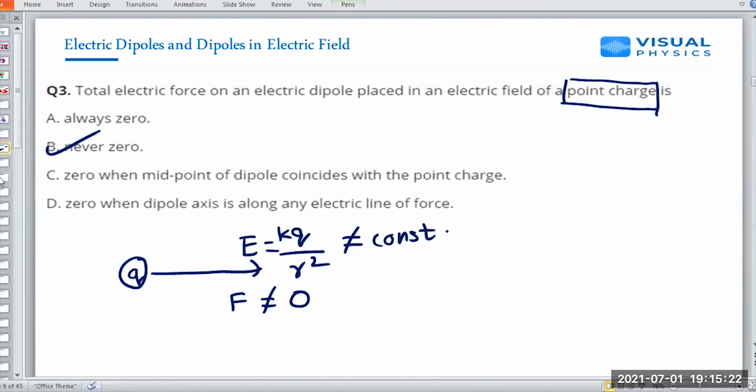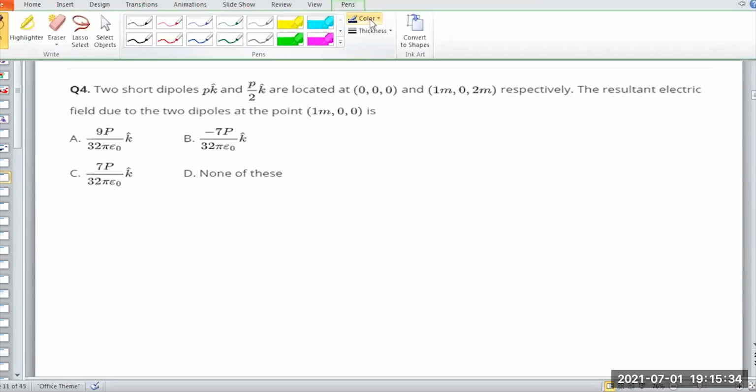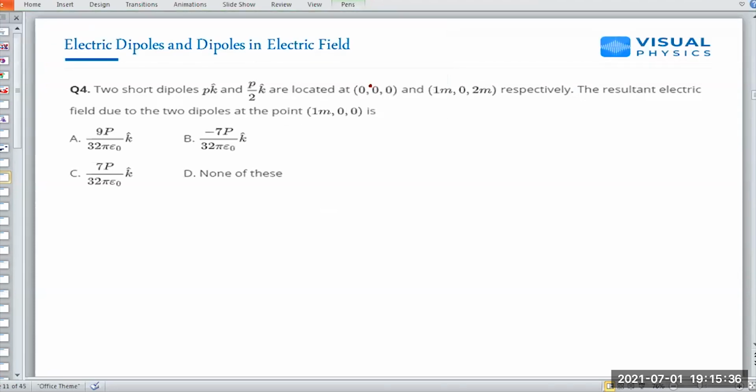Okay, next question. Two short dipoles are located at this and this point, and you have to find the resultant electric field due to the two dipoles at point 1, 0, 0. So even though it is a three-dimensional question, you can see that x and z are playing a role, but y is not playing a role. So I'll just make this question in 2D only.